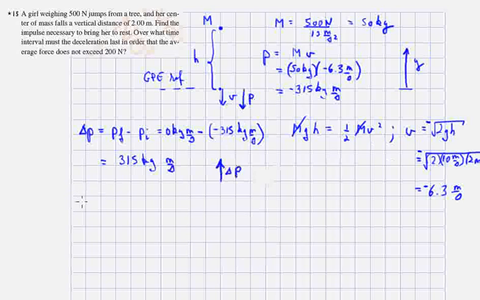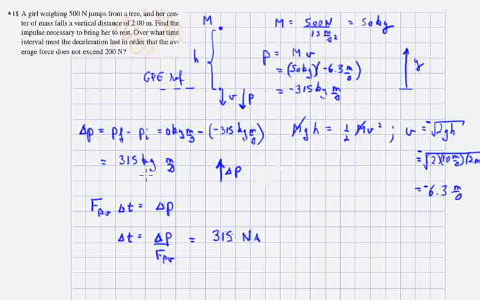And then the second part of the question is, over what time interval must the deceleration last in order that the average force does not exceed 200 newtons? So we'll use the impulse momentum theorem to do that. We'll first of all state that F average times delta t is equal to delta p. And that means that delta t is equal to delta p over F average, which is equal to 315 newton seconds.